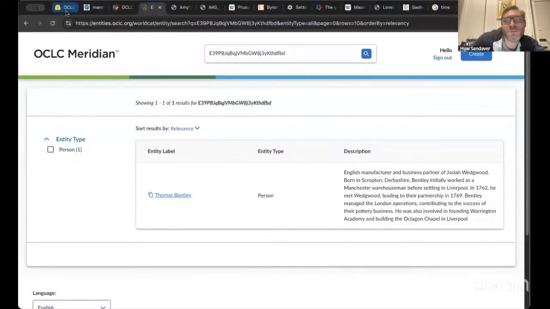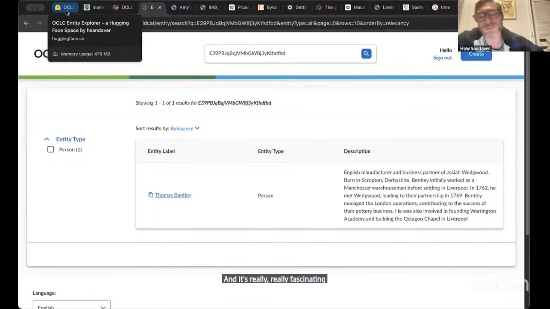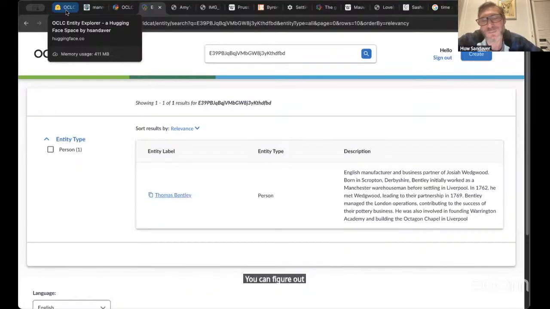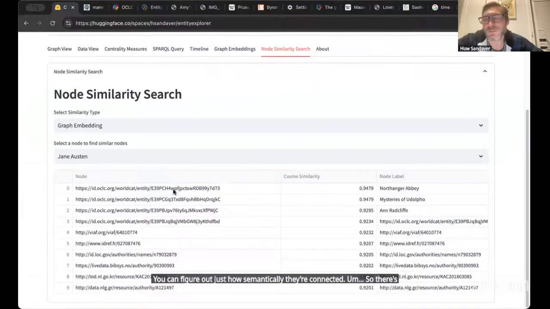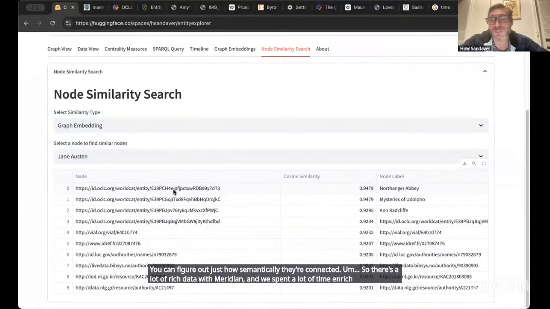And quite often with these semantic models, it gives you these out of the box things that you wouldn't normally think of. And it's really, really fascinating to me how they come in. But usually if you do some research, you can figure out just how semantically they're connected. So there's a lot of rich data with Meridian, and we spent a lot of time enriching it ourselves.